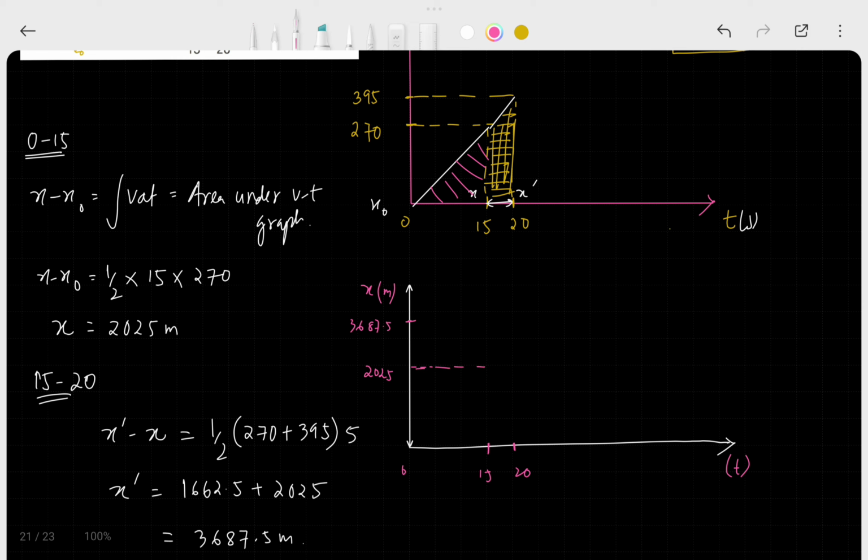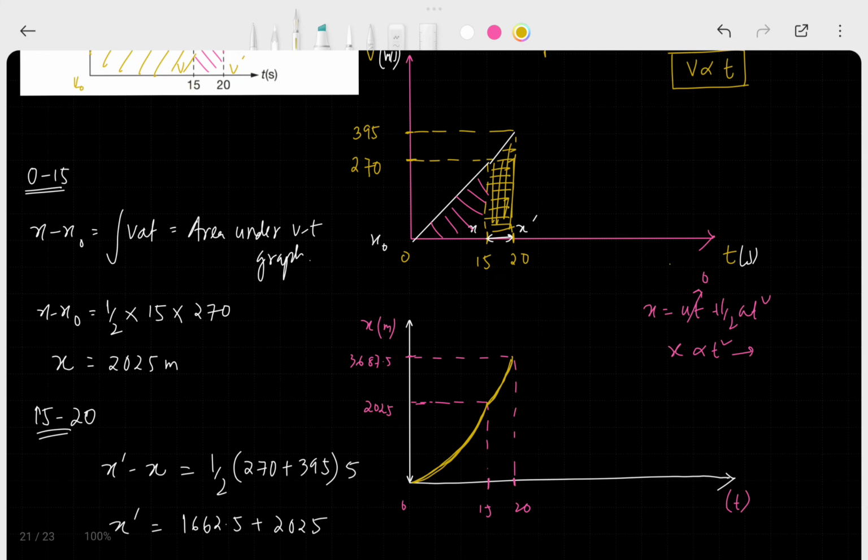If you plot this, we know that x equals ut plus half at square, so x is proportional to t square, and we'll get a parabola. From 0 it will go like this. This will not be a straight line, it will be a parabola. Okay, so this will be your answer.